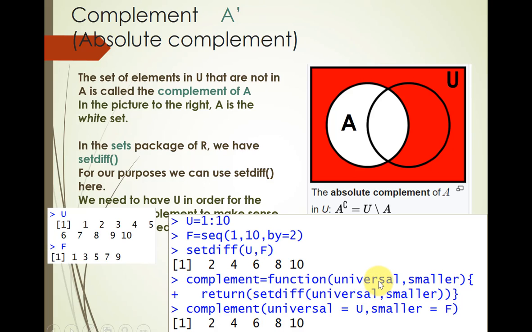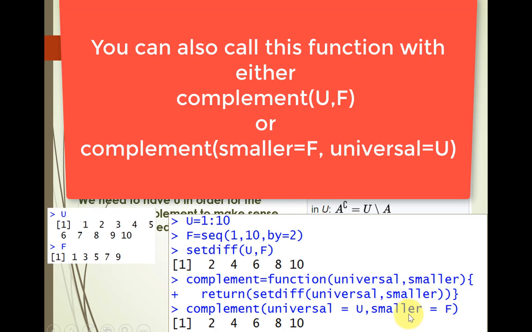One thing I didn't mention: when we have named arguments like this, we don't actually have to put these in order. I called this function complement, I used this function saying universal equals U, smaller equals F. I could have said smaller equals F, comma, universal equals U. You can change the position of the arguments if you're using the names of them.